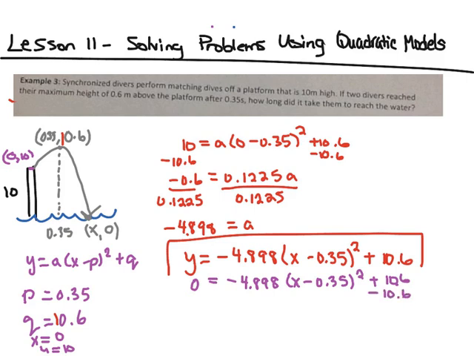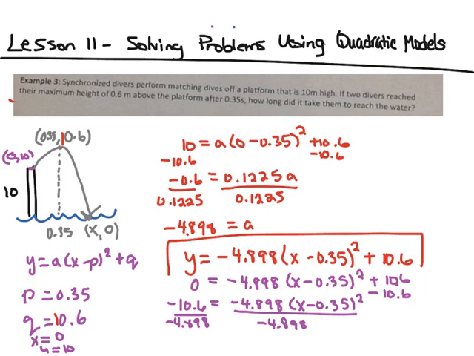So we have minus 10.6 is equal to negative 4.898(x minus 0.35) squared. And we're going to divide by negative 4.898, and we get 2.164 is equal to (x minus 0.35) squared.